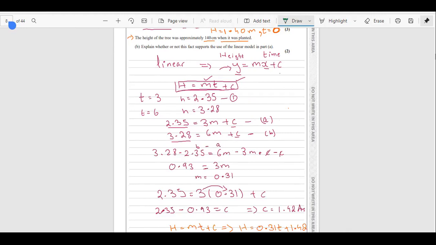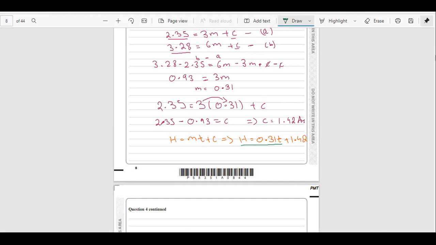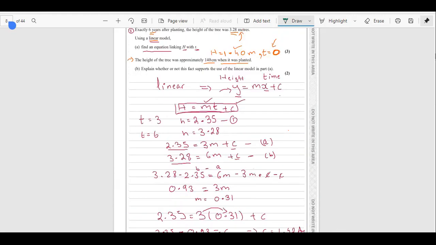Using t equals 0, we get h equals 1.42, which is approximately 1.40. The fact that these values are very close means we can say that 1.42 is approximately 1.40. So yes, this fact is supported by the equation which we made in part A, right?